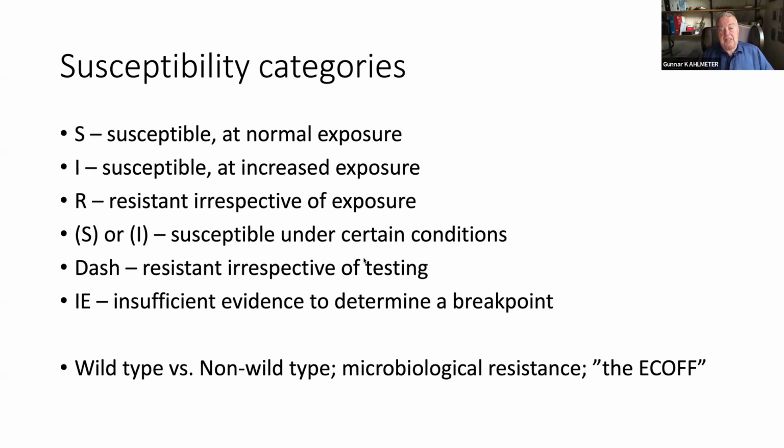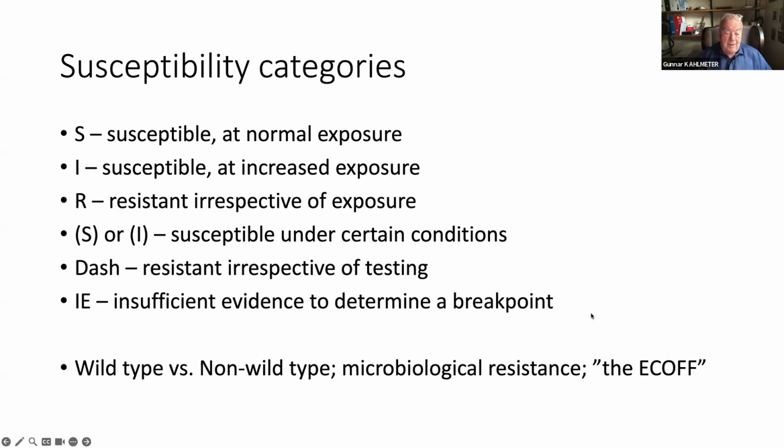And then, of course, EUCAST is known for listing MIC distributions systematically on the website and for assigning an ECOF to every agent-species distribution, which will distinguish between those that have no resistance mechanisms at all and those that have one or several resistance mechanisms, irrespective of whether they are clinically relevant or not.